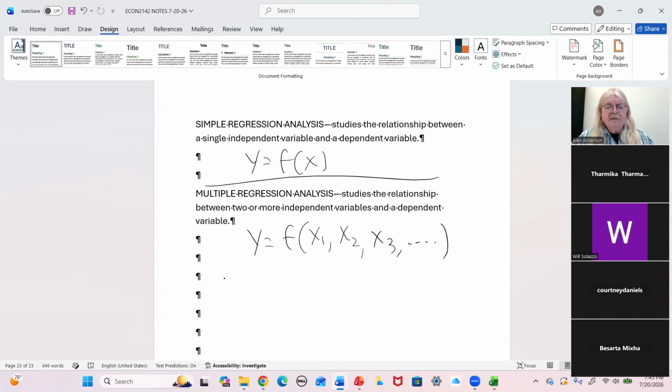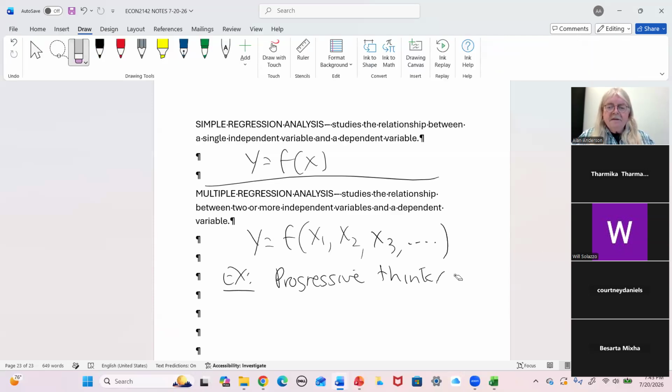So let's say, for example, Progressive thinks that their sales depend not just on advertising, although they think that it does.